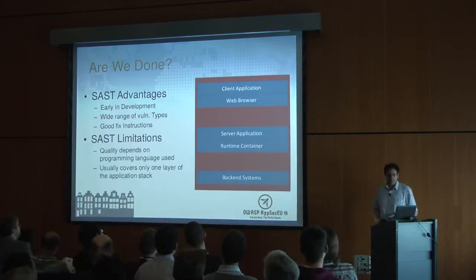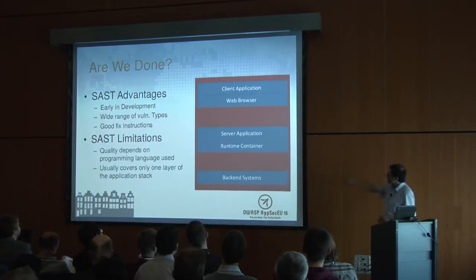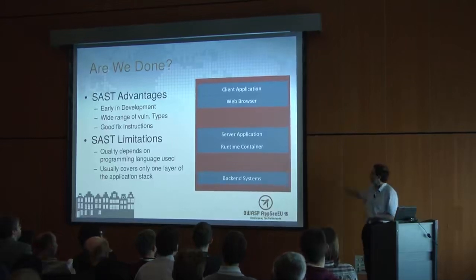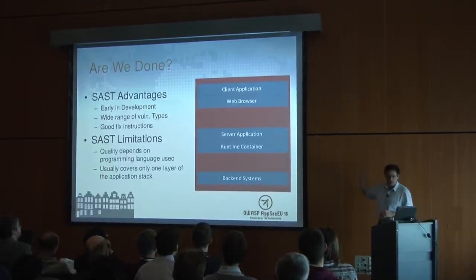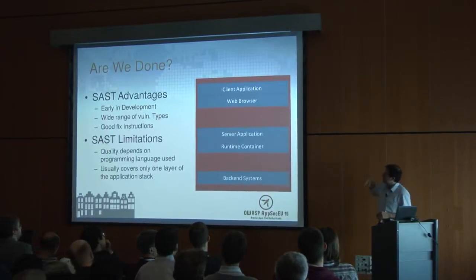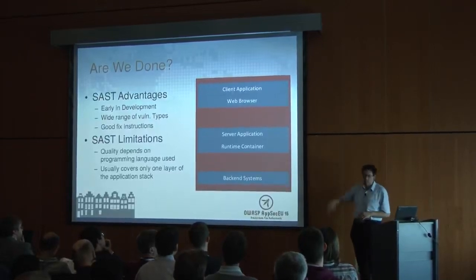And it usually only covers one layer of an application stack. So here on the right-hand side, I have a very abstract architecture of a modern business application. We have a client application, a rich client, for example, running on a web browser, which would then run, of course, on the client side of an operating system. We have the server application running in an application container, and we have some backend systems.